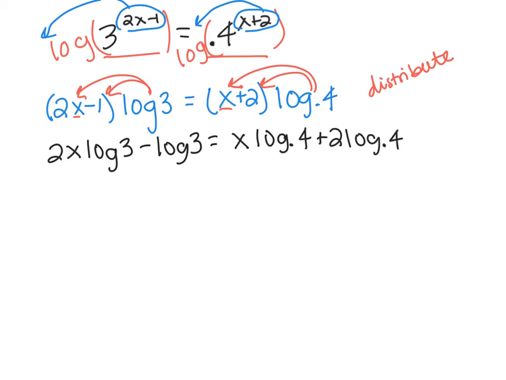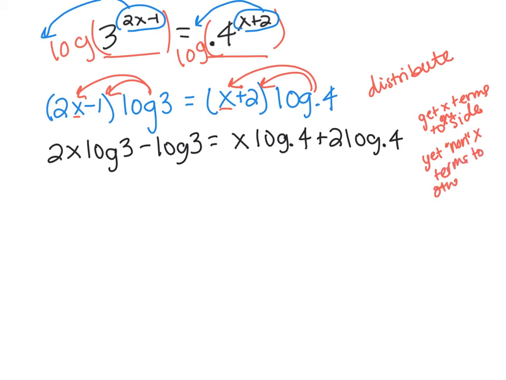So now here, this is going to be similar to the inverse equations we were doing earlier. We want to get our x terms to one side of the equation, and we want to get everything without an x in it, I guess we can call them non-x terms, to the other side.